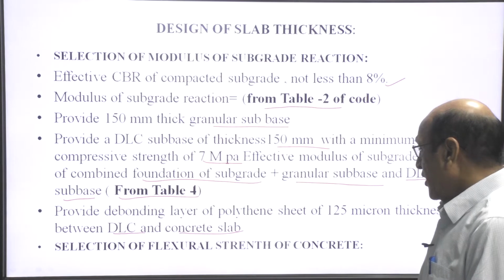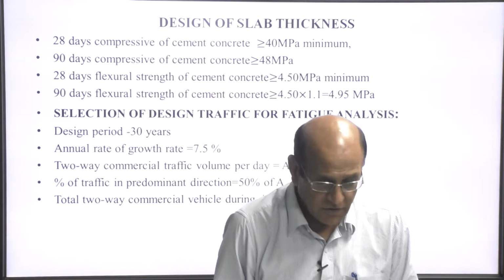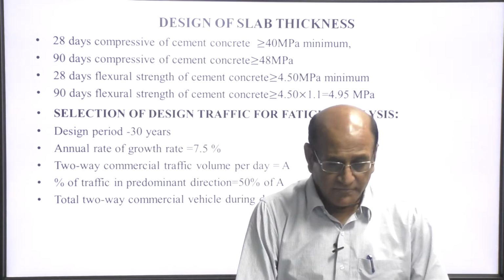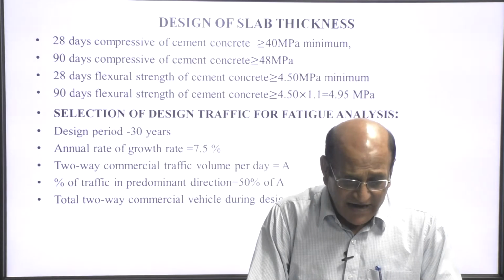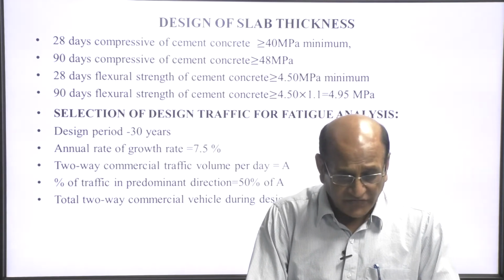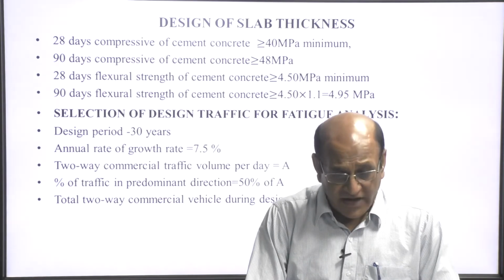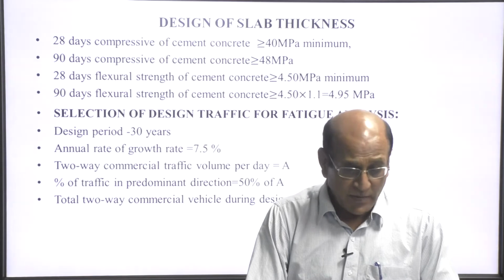Now, selection of flexural strength of the concrete. For the design of slab thickness, the 28 days compressive strength of the cement concrete should be more than or equal to 40 megapascals minimum. This is the minimum requirement.